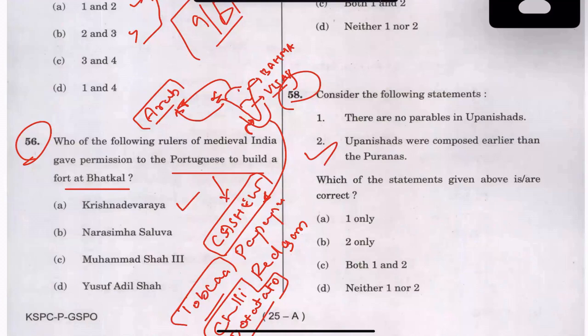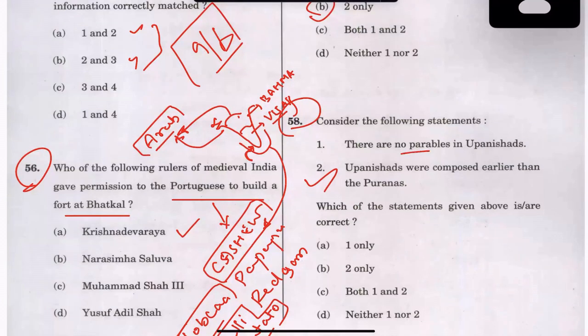Yes, there are no parables in the Upanishad, no. This is true. The Puranas came a little later, even after 100 BC. The Upanishads were from 700 to 500 BC. So this is greater than this. This is true.